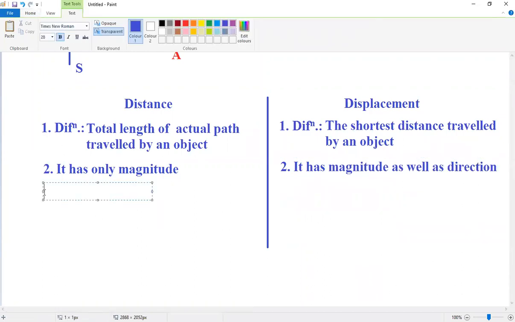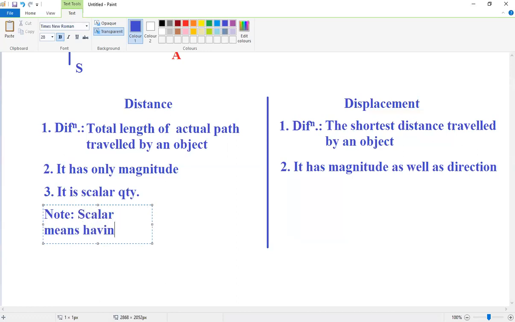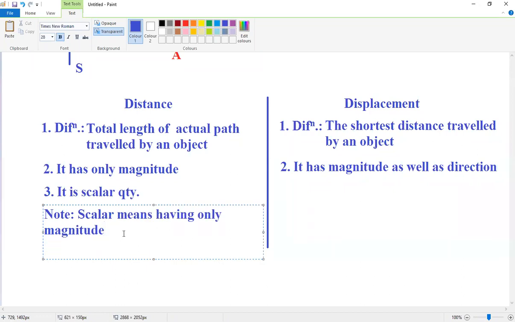Since it has only magnitude, it is called a scalar quantity. Make a note, scalar means having only magnitude.